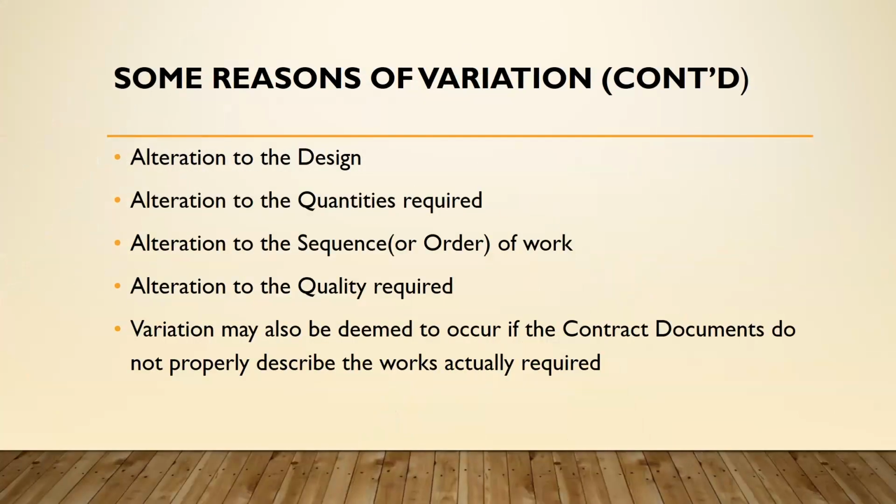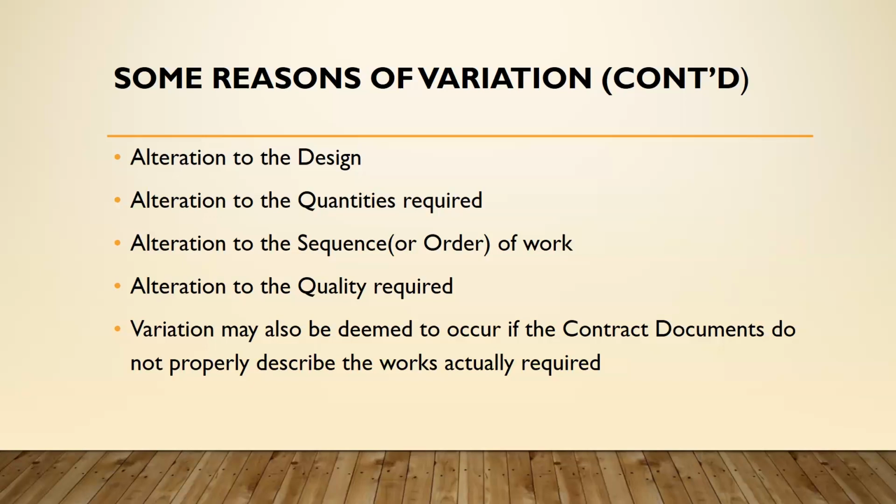We also have alteration to the design. When the design is altered, it brings about variation. Quantities required are altered, as well as the sequence of work, and alteration to the quality required. All this brings about variation. Variation may also be deemed to occur if the contract documents do not properly describe the works actually required.